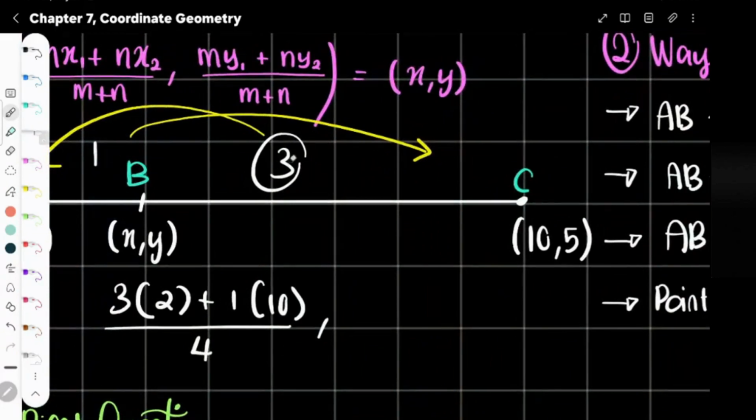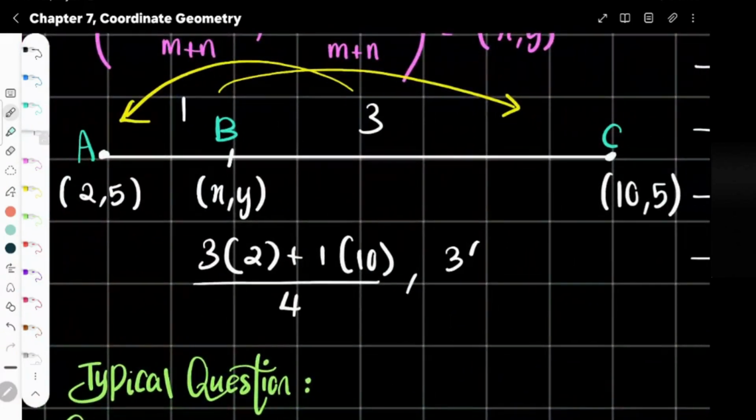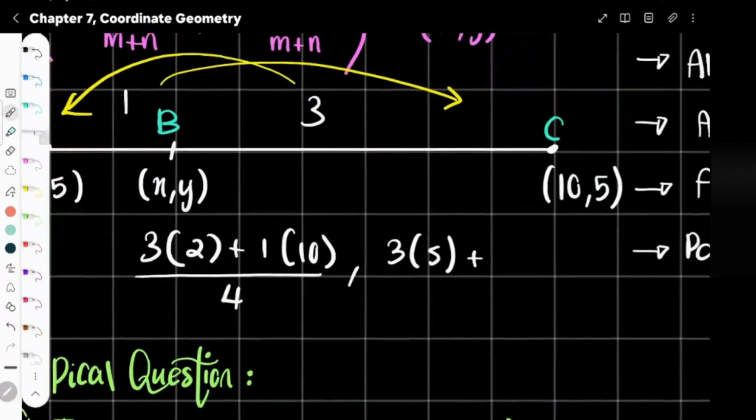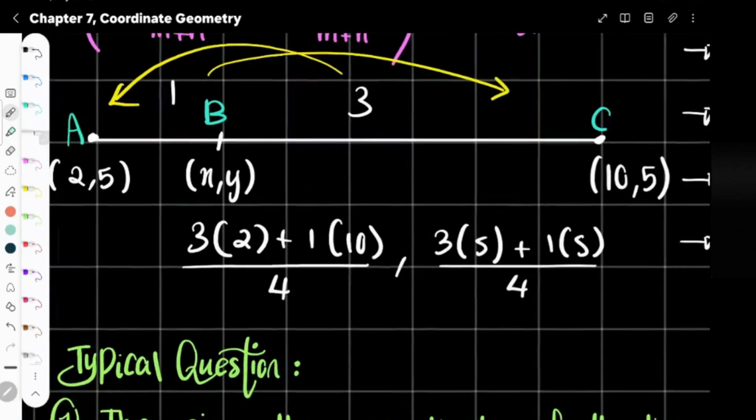So it will be 3 times 5 plus 1 times 5, over 3 plus 1, which is 4. From here, you can already see, if we solve this, we will get the x value for this part here. If we solve this other part, we will get the y value for the coordinate here.